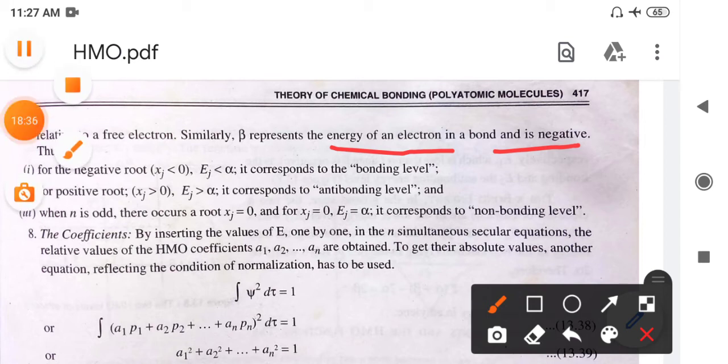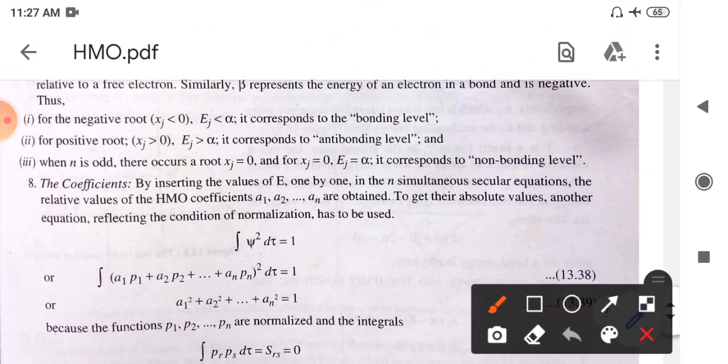So for the negative roots, where xj is less than 0, the overall energy comes out to be negative. So this energy corresponds to what? Bonding energy levels. And the positive roots correspond to the anti-bonding energy levels.